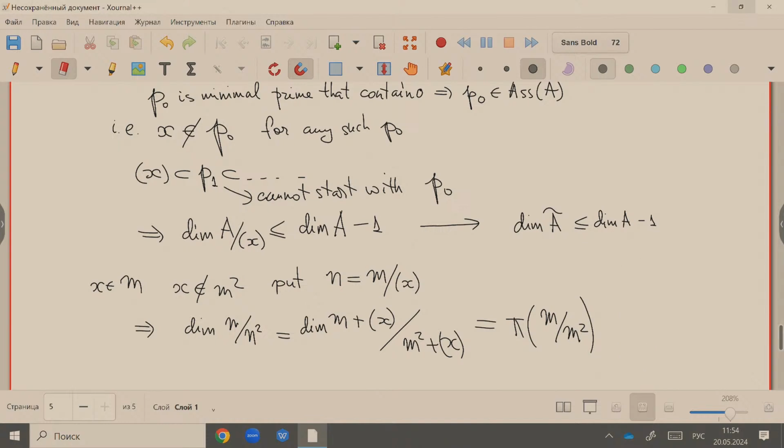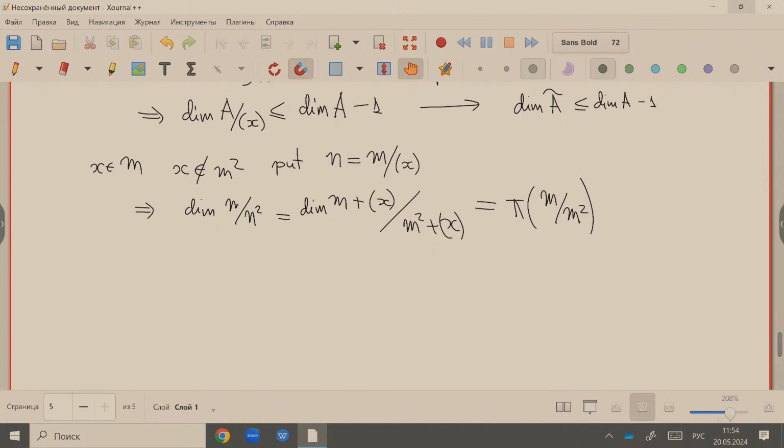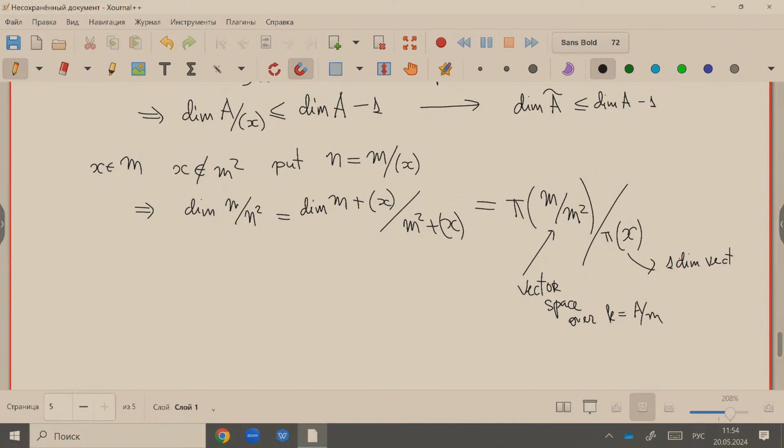Notice that this is a vector space over K, which is A modulo M, and it is a one-dimensional vector space generated by one element, the image of the ideal generated by x.